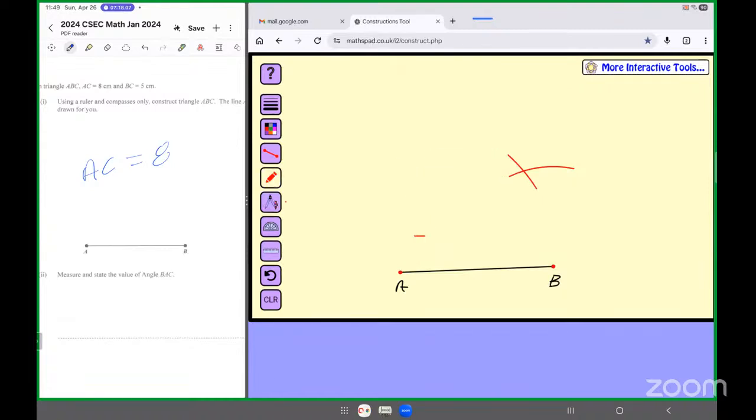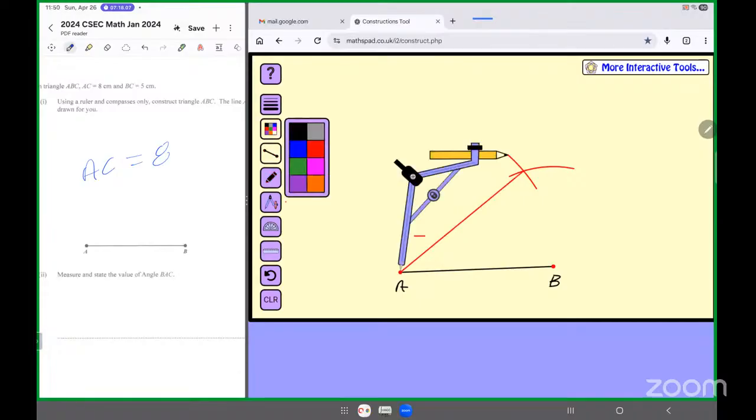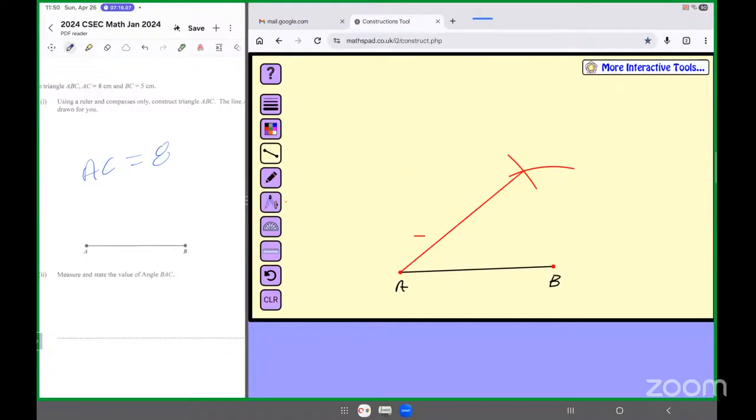Then draw a straight line from this end through to that intersection, and draw one from here through to the intersection, and that is a triangle. Means that C is right here. This is 5 centimeters. This is 8 centimeters.